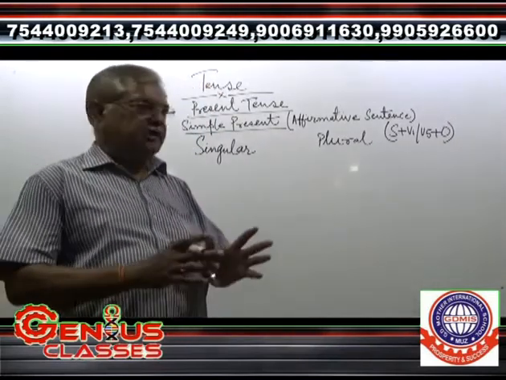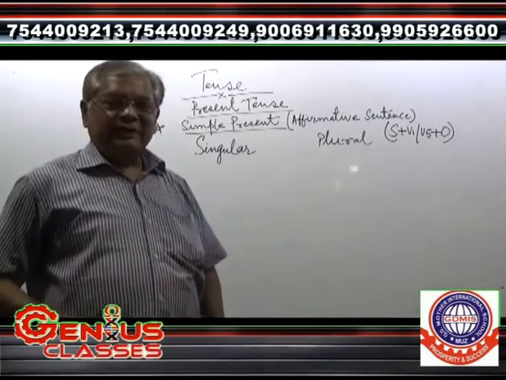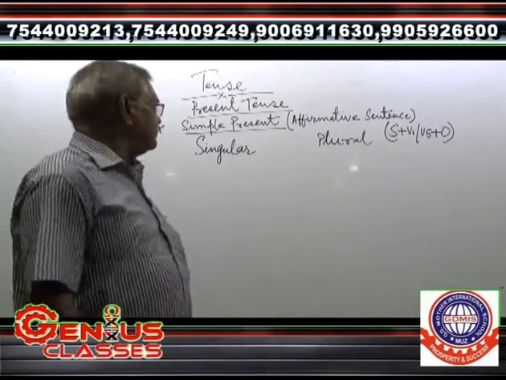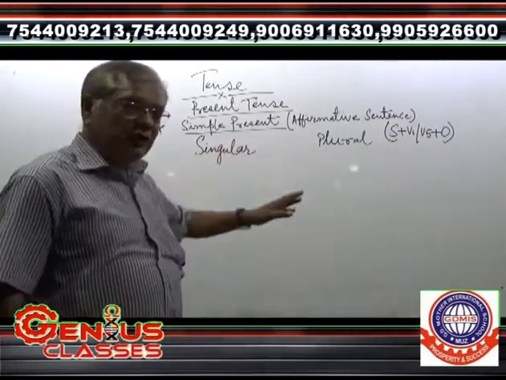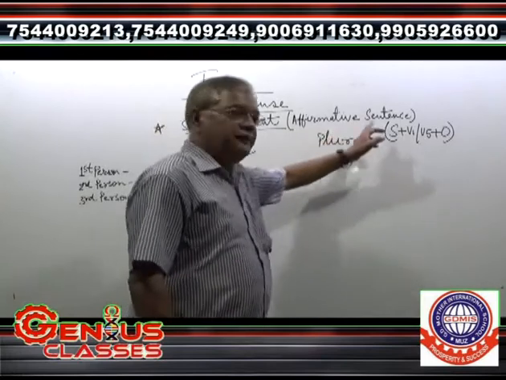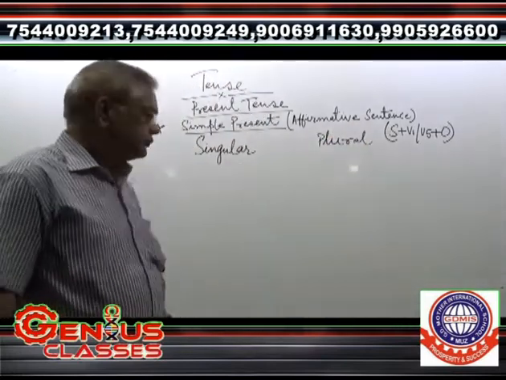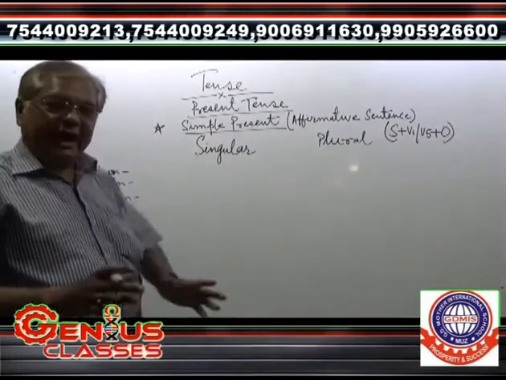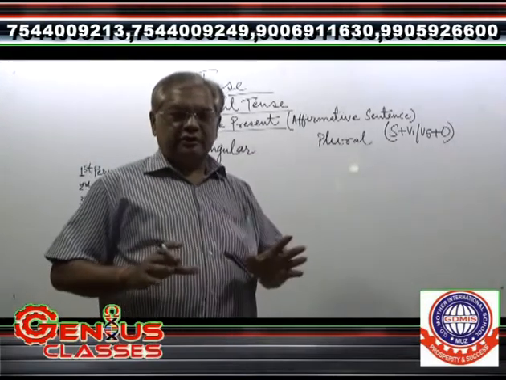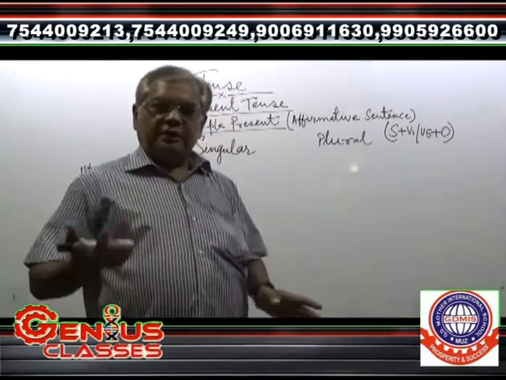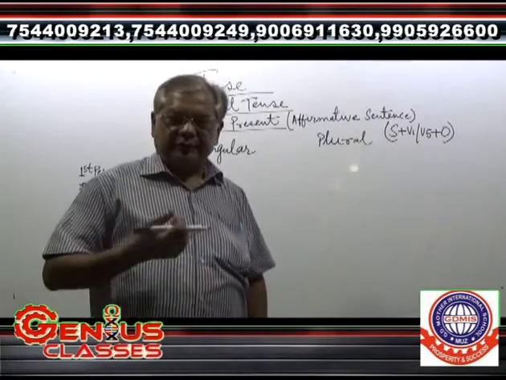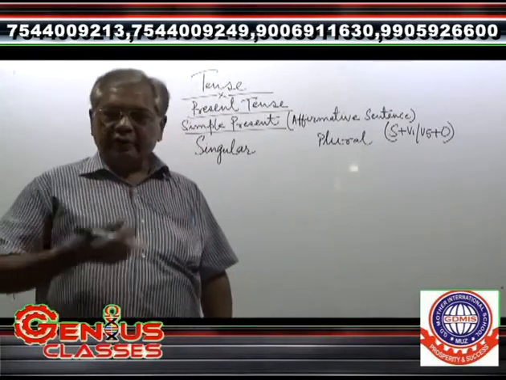So subject plus V1 or V5 and plus object. This structure is followed in simple present tense, of course, with affirmative sentences. Here we use the pronoun person-wise: first person, second person, third person.